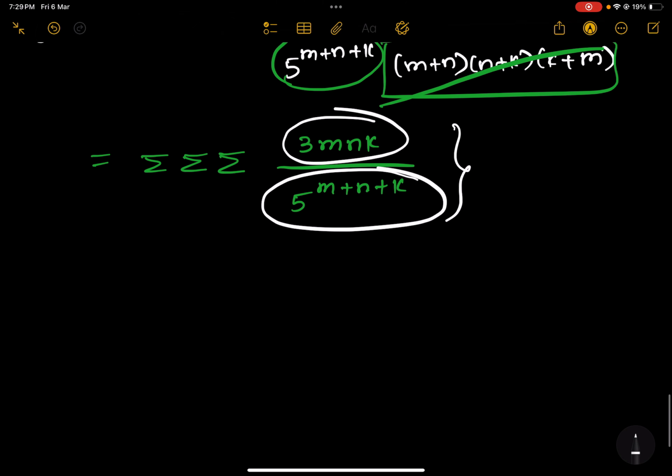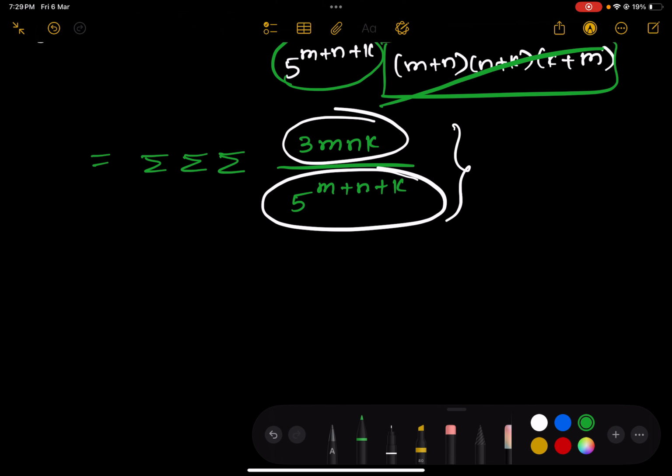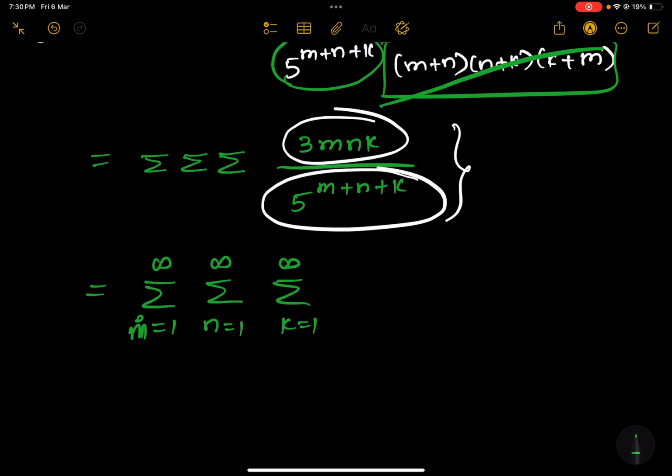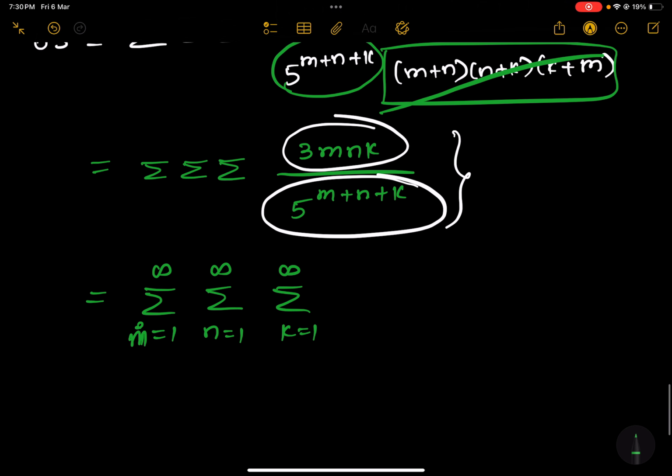Why did we do that? You will see it in a while. It will be easy to solve symmetric functions. So this can be written as the sum over m equals 1 to infinity, n equals 1 to infinity, k equals 1 to infinity, of 3 times.